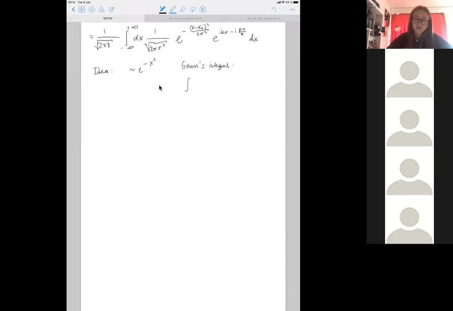which tells us that the integral from minus infinity to plus infinity of e to the power minus x squared dx is the square root of pi. I will not prove this here because I think it's a well-known fact from analysis, and you can look up the proof on Wikipedia.